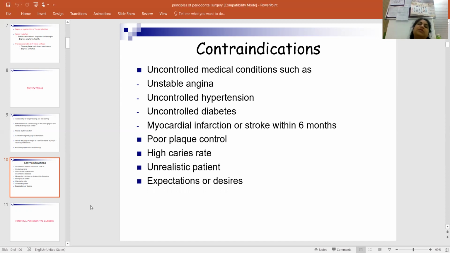And the success of periodontal surgery depends on plaque control. Poor plaque control means that if the patient has undergone the surgical procedure but does not maintain proper oral hygiene in the maintenance phase, you cannot indicate periodontal surgery for such a patient because it will fail.